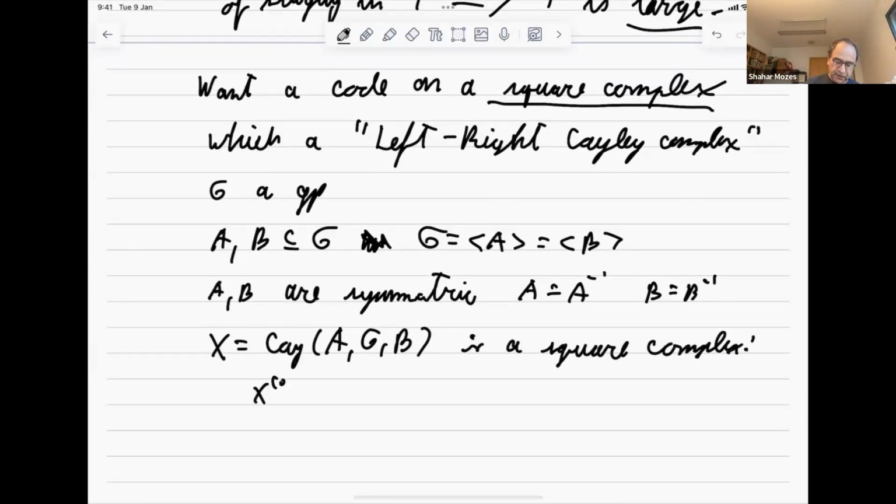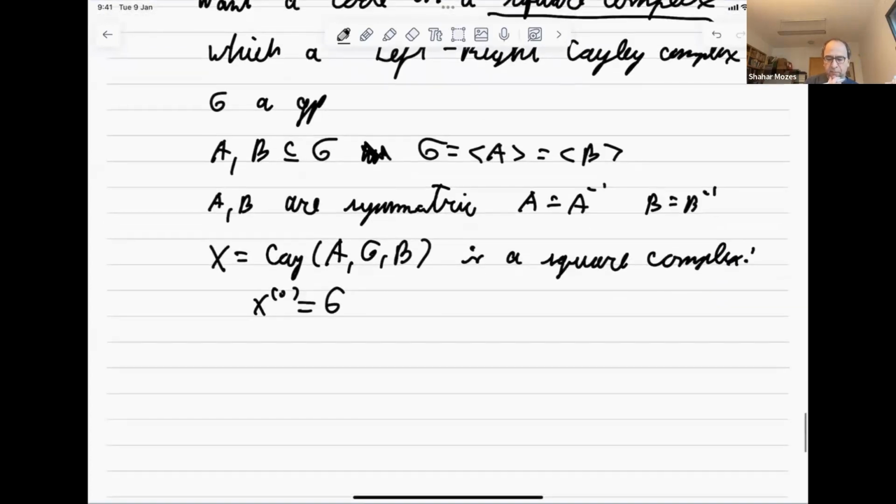In a square complex, you have vertices. These are just the elements of G, the same way that when you build the Cayley graph, the zero skeleton is just the elements of the group. Then you have edges, X1. These are just the union of the left Cayley graph and the right Cayley graph, so you take a disjoint union of two sets.